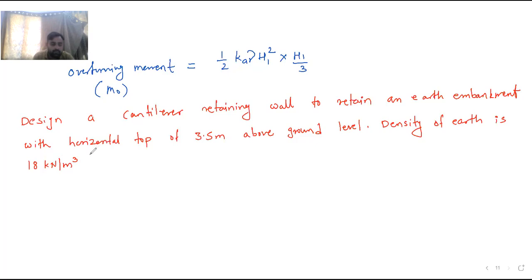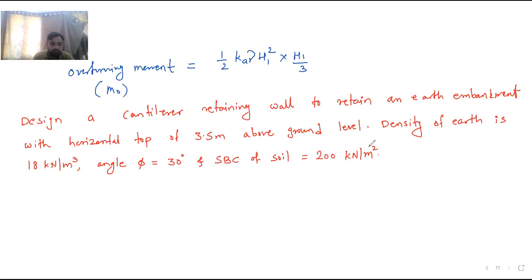Angle phi is equal to 30 degree, and SBC, safe bearing capacity of soil, is equal to 200 kilonewton per meter square.